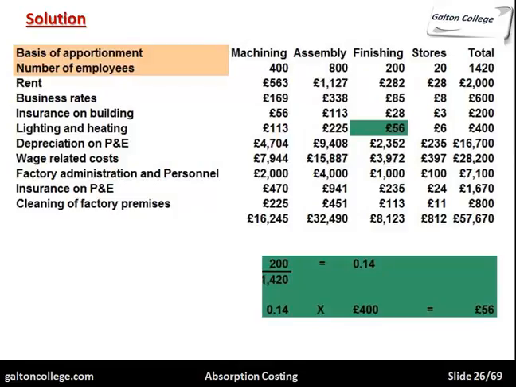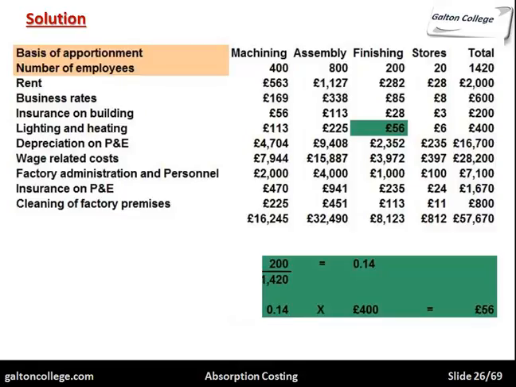And any one of these we could just simply calculate, just as a reminder, with the finishing department, we have a bill for lighting and heating of £400 for the whole institution. The whole company gets a bill of £400. We have the finishing, the number of employees here as 200. That's the basis for the apportionment we're going to use, number of employees.